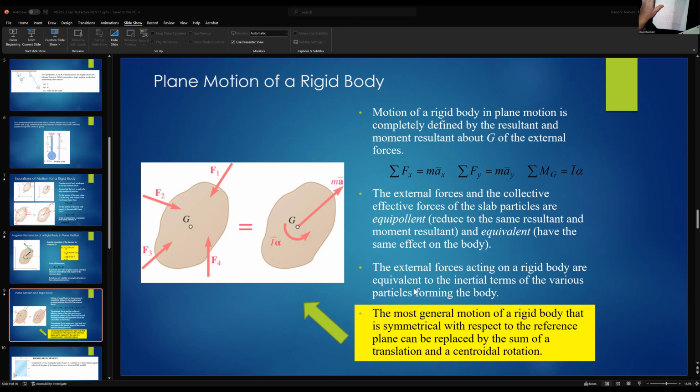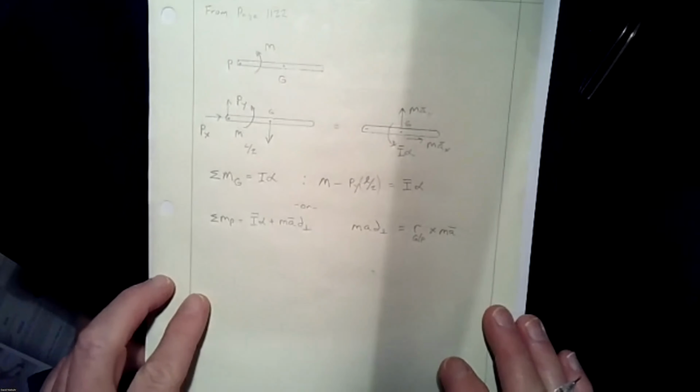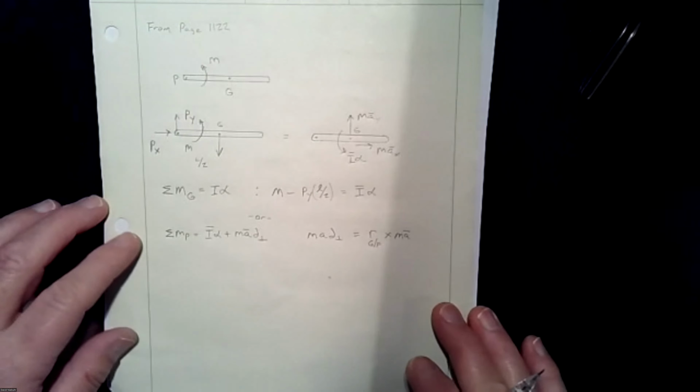Now, when we look at our calculations, so far what we've said is that the sum of the moments equals I alpha. Let's look at this, directly from page 1122 in your textbook.